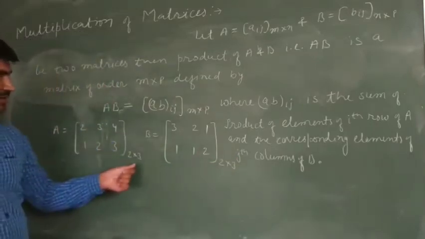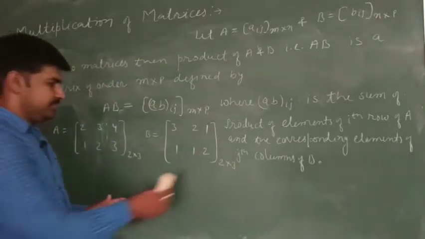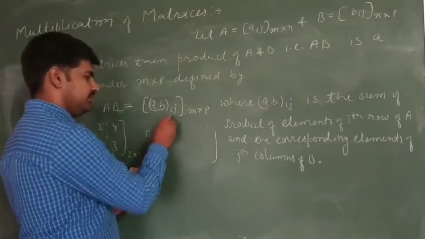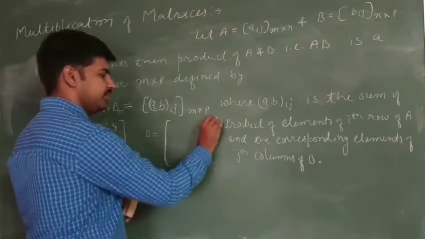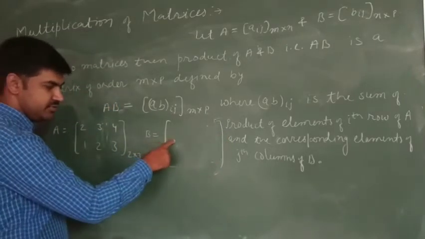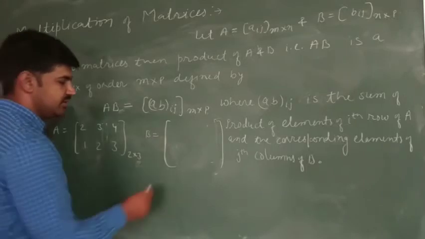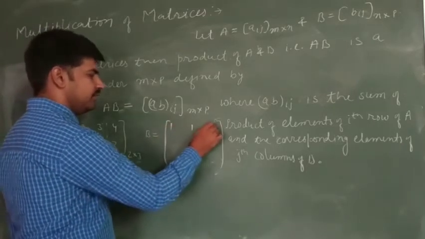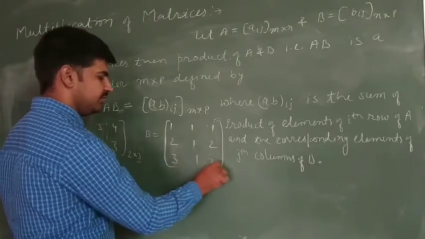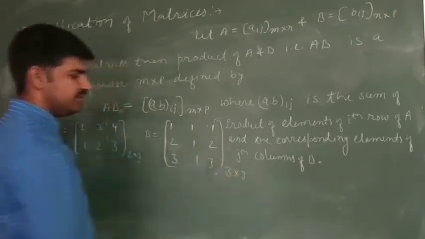You can see this we will have to take of order, since the number of columns in this is 3, therefore the number of rows in this matrix will have to be 3. So 1 1 1 2 1 2 3 1 3. I have taken this matrix of order 3 by 3.